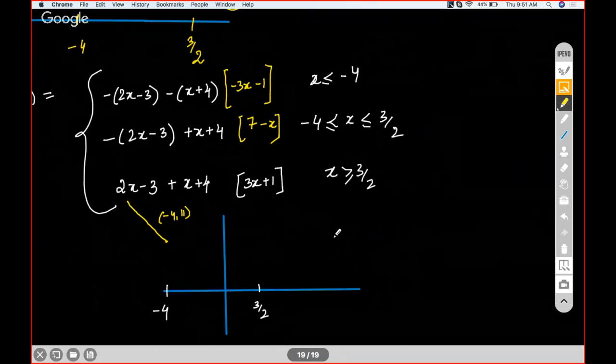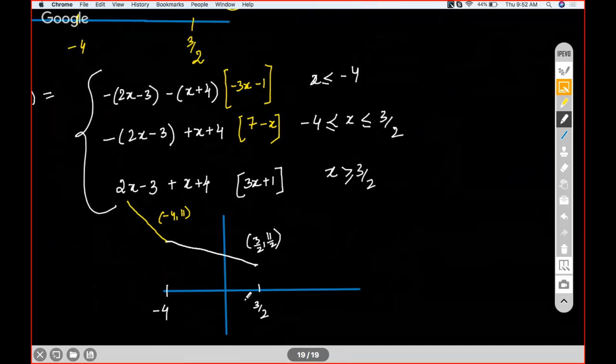What about the interval minus 4 to 3 by 2? It'll have a negative gradient again. And at 3 by 2, it'll be 7 minus 1.5, which is 5.5. So this point will be 3 by 2 comma 11 by 2.